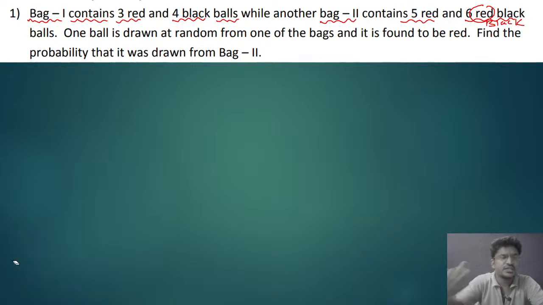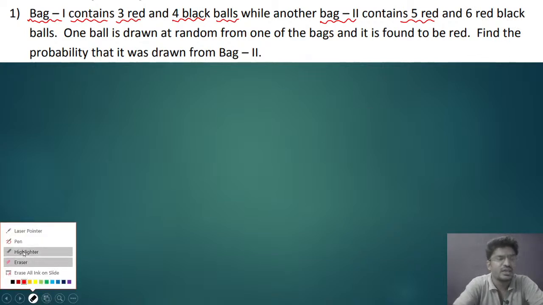So what are they asking to solve here? The first bag contains 3 red balls and 4 black balls. Bag 2 contains 5 red and 6 black balls.